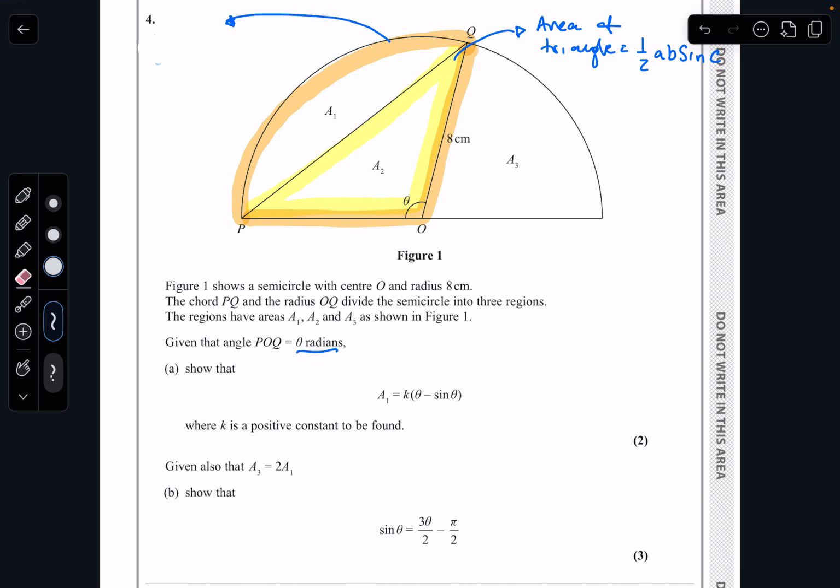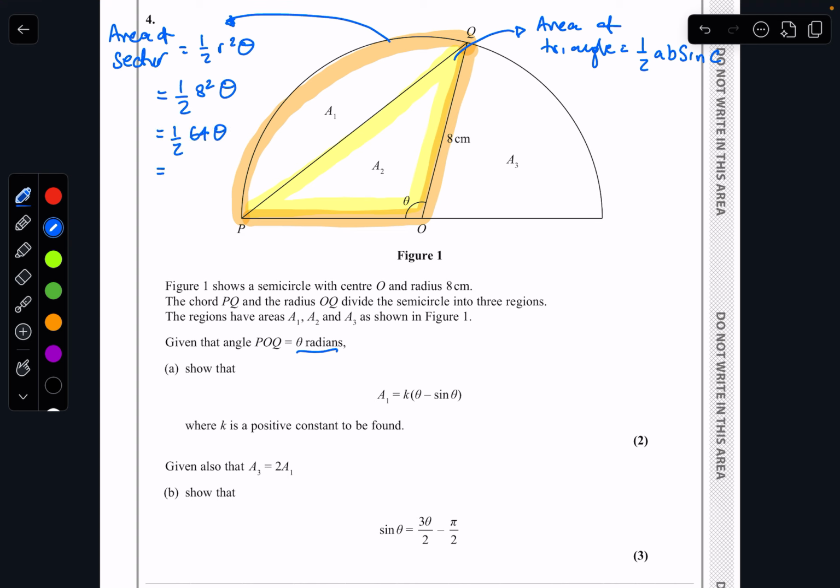So let's also rewrite this: area of sector is equal to a half r squared theta. So the area of the sector in this case would be a half times my radius, which is 8 squared, times theta. So that simplifies down to a half times 64 times theta, which simplifies down to 32 theta, which is my area of a sector.